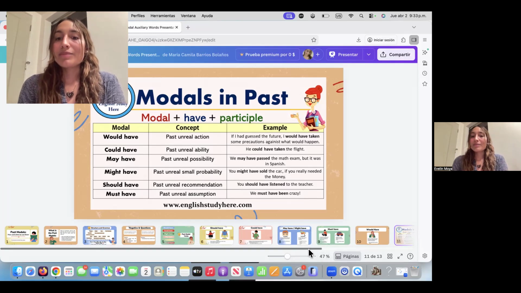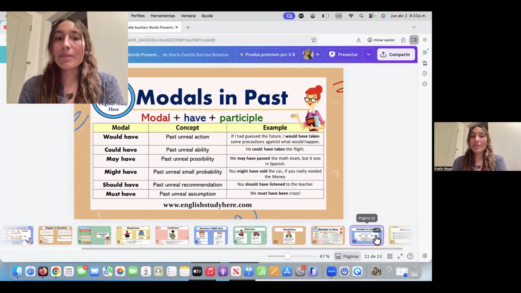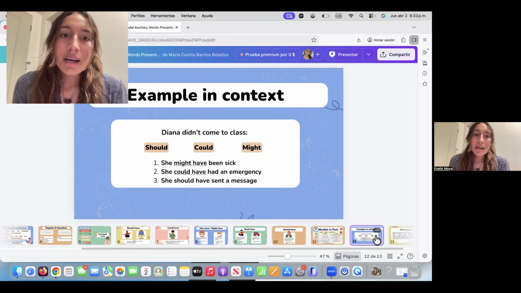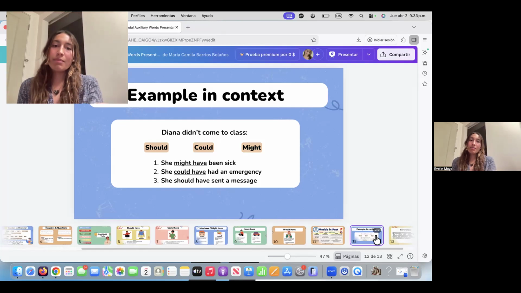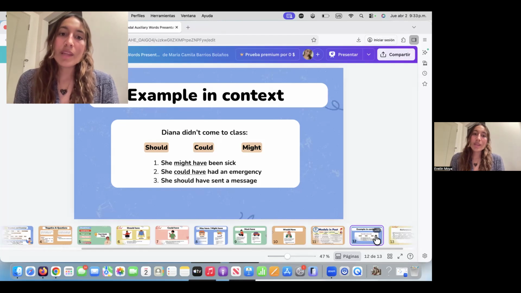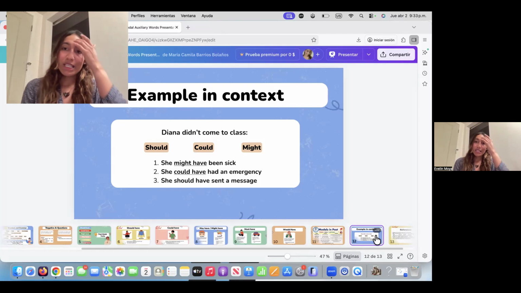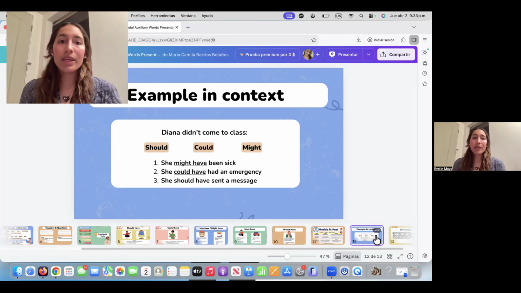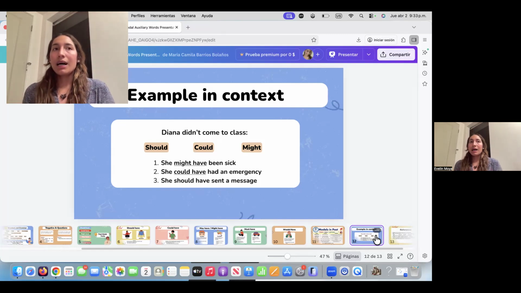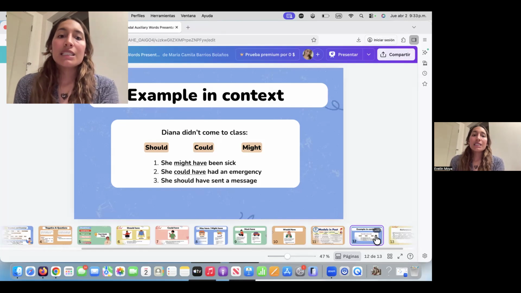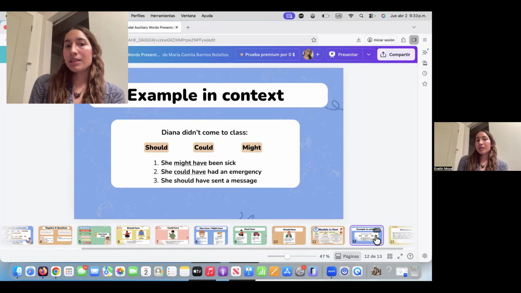So, in short, the past modals help us to, oh, there's an example here, an example in context. Diana didn't come to class. Here we can express the same thing in different ways. Like we see here, she might have been sick.